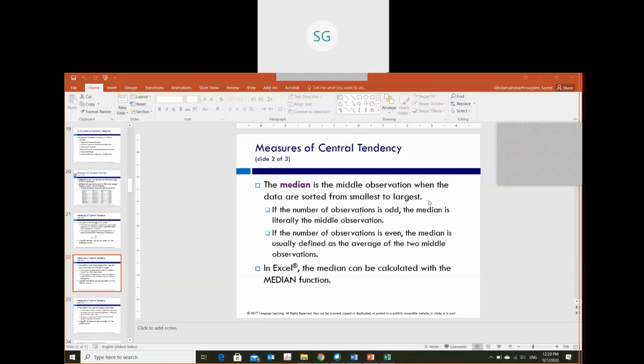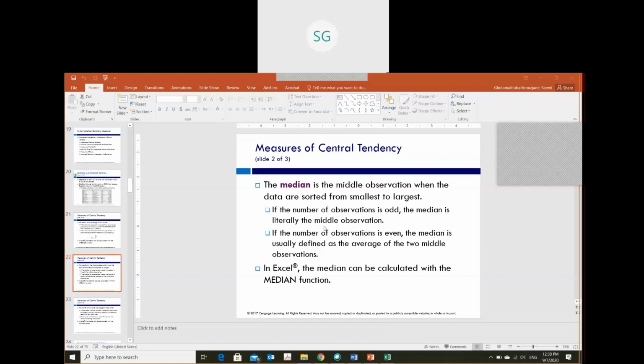So now, median. For average or mean, we take the summation of all the values divided by the number of values, and we take the average. For median, we sort the data from smallest to largest, and the middle observation is going to be our median. If there is an odd number of values, the median is exactly the middle observation.